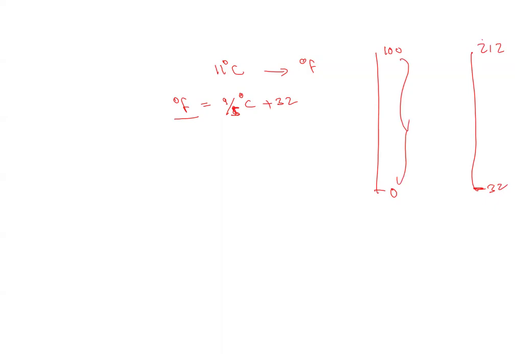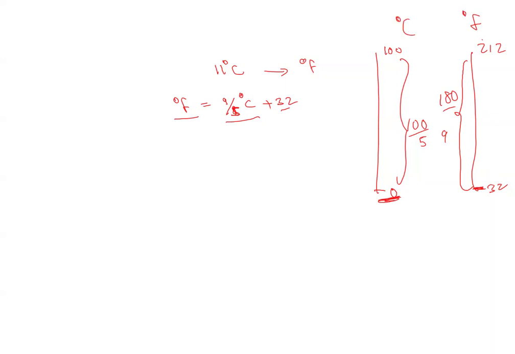So there are 100 here, and here we have 180. Okay, so the 180 to 100 ratio is 9 to 5. That's why it's here. Why 32? Because centigrade starts from 0 and Fahrenheit starts from 32.